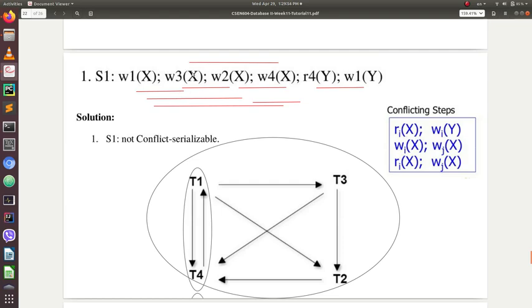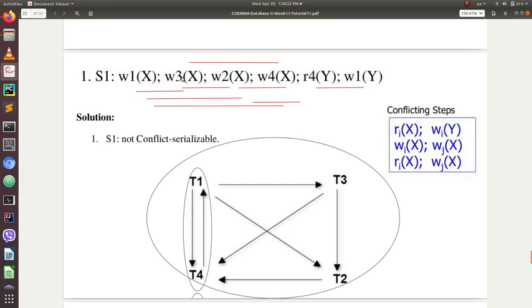Next, a write operation for transaction 3 on element x. So according to the conflicting steps, I will search for another write operation for another transaction that writes the same element x. So W3 of x, here is transaction 2 writes x.